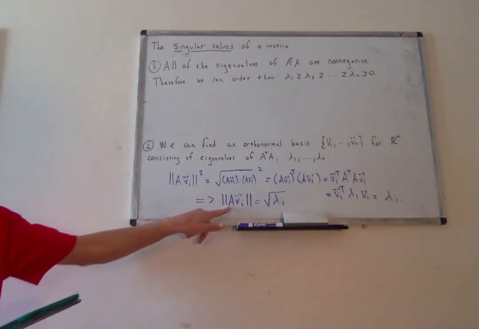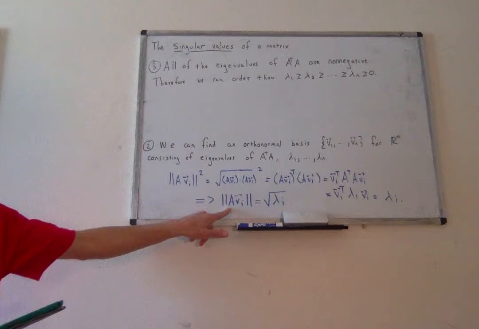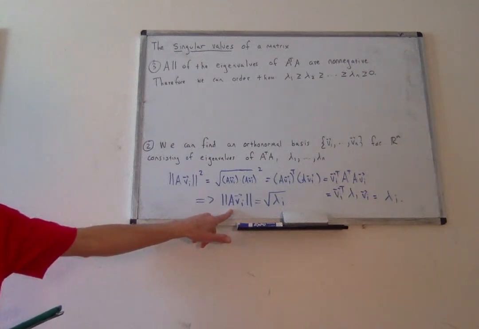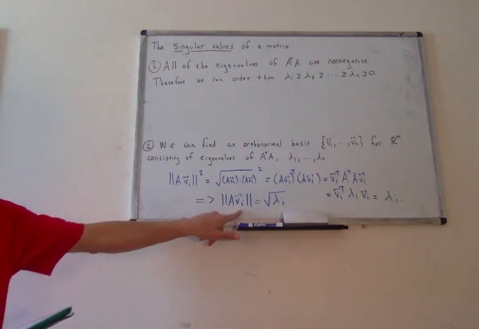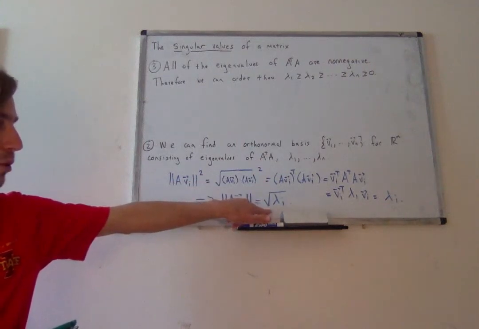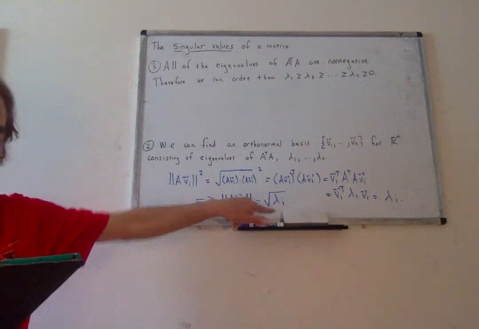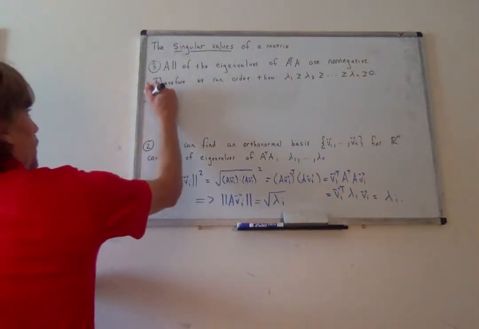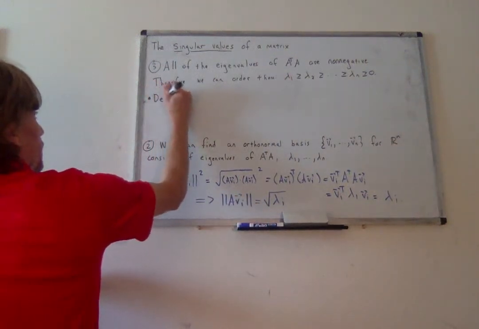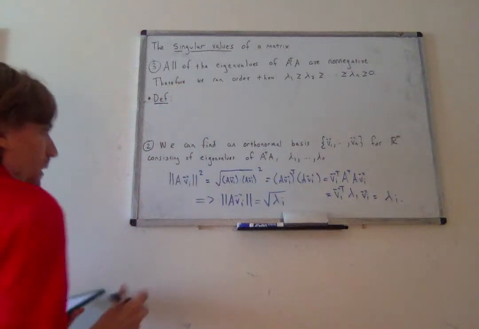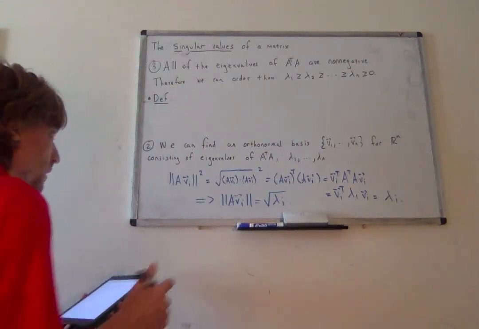And so remember, now the length of this non-square, potentially non-diagonalizable matrix times this eigenvector of A transpose A is equal to the square root of lambda I. And the square root of lambda I is a singular value of A.